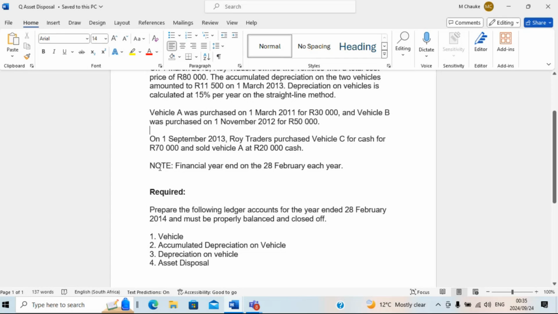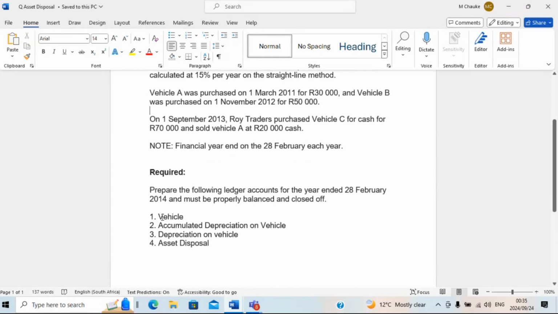So note, financial year end on the 28th of February each year. You are required to prepare the following ledger accounts for the year ended 28 February 2014 and must be properly balanced and closed off, right?